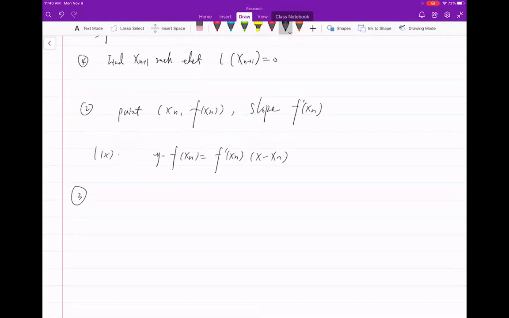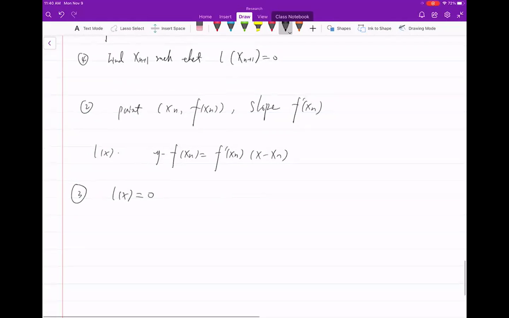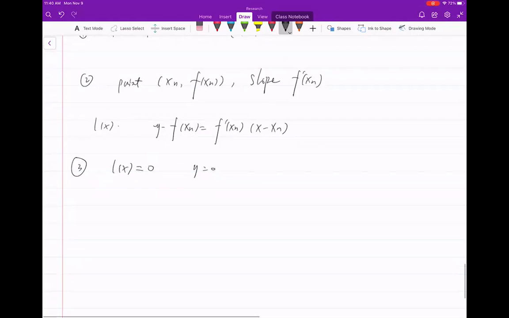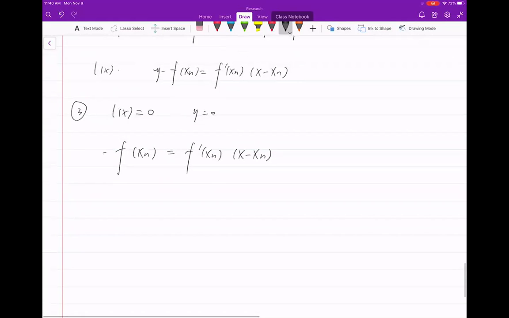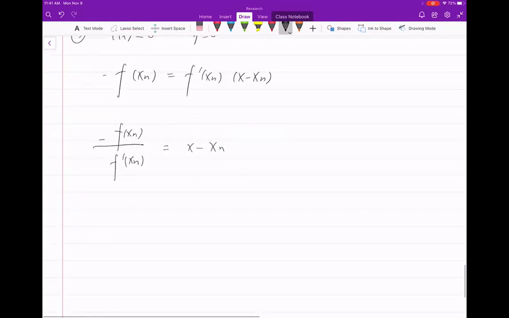Next, what do you do? You find x to solve L(x) equal to 0. Then you just set y to be 0 in this. That gives you negative f(xn) equals f prime(xn) times (x minus xn). So if you set y to be 0, you find your x is this.